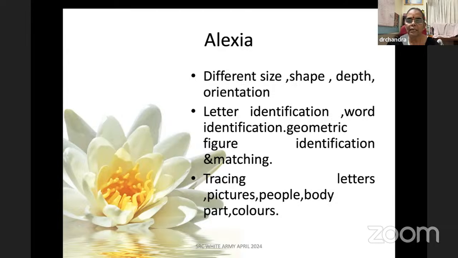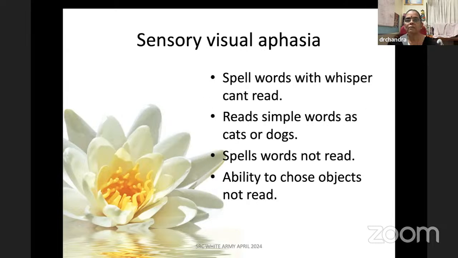And you can give letter identification, word identification, geometric figure identification, matching of different shapes and sizes, and tracing letters. Put the hand on that and trace it, trace pictures, and identify people, body parts, and colors. All these tests you can give.